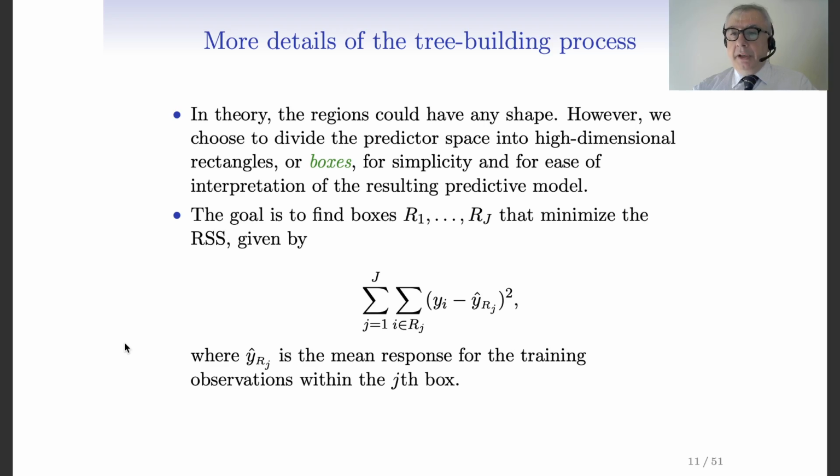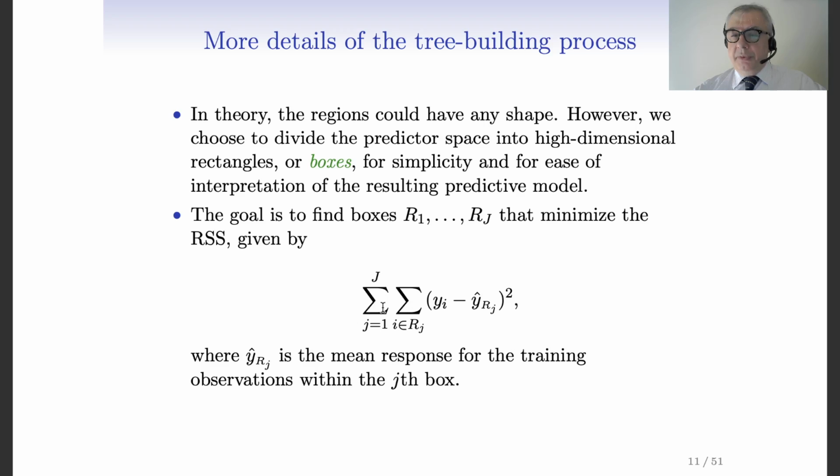And we are doing this because it is much simpler, both for the estimation and the interpretation of the final results. So our final goal is finding boxes R1, ..., Rj that minimize the residual sum of squares, because we are talking about a regression problem, so the final goal is always obtaining the smallest RSS.